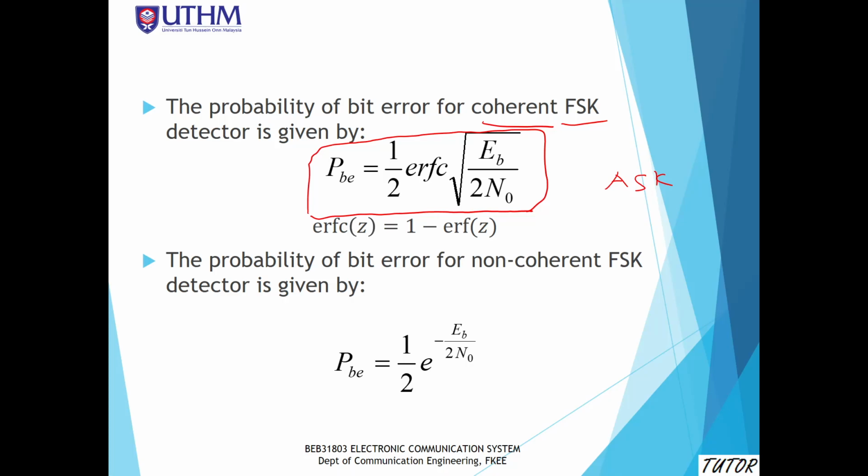And also for non-coherent, we are using this equation: PBE equal to 1 over 2 exponent power of minus EB over 2 N0. Again, this is for non-coherent detection of FSK, and this is similar to ASK. Same equation. So FSK and ASK are using the same equation to calculate the probability of bit error.